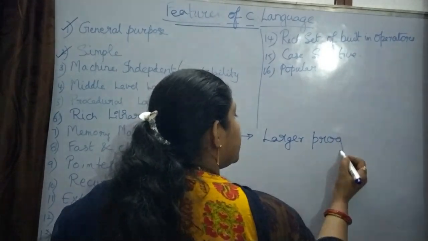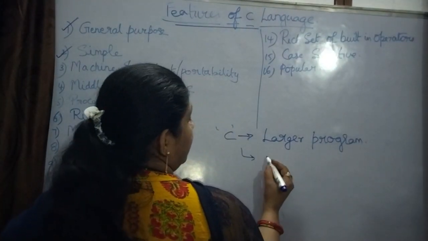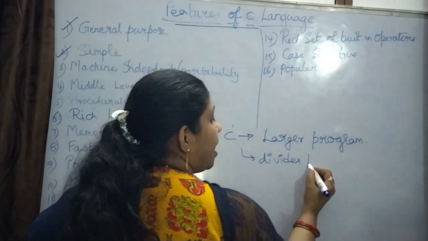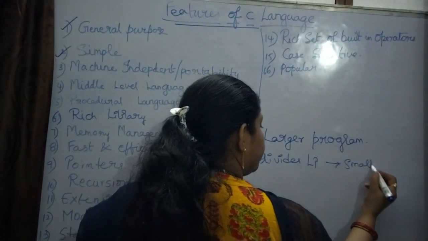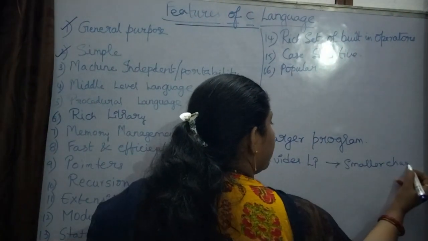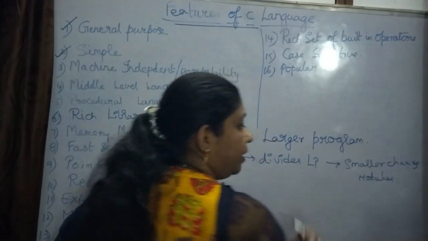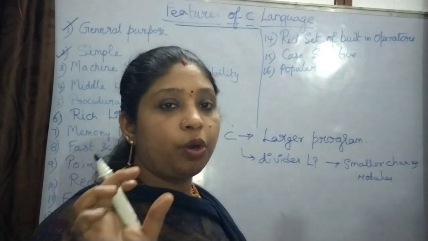What C does is it divides the large program into smaller chunks or smaller modules, and then it will compile those small modules.